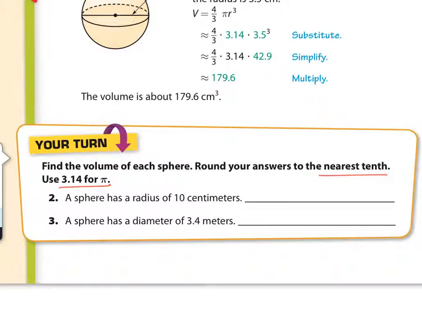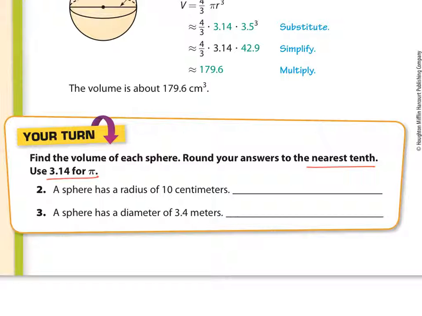So for number 2, I'm going to actually draw what this looks like. A sphere that has a radius of 10 centimeters looks like this. So you draw something that looks like a circle. All right, but this looks like a flat circle. This has no 3D to it. So the way you would kind of make it look 3D is to draw like an oval kind of going around it to give it some depth.